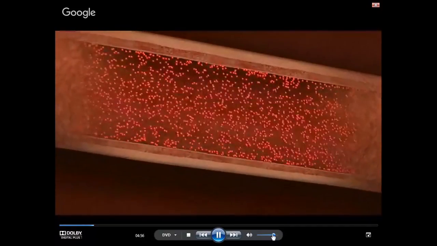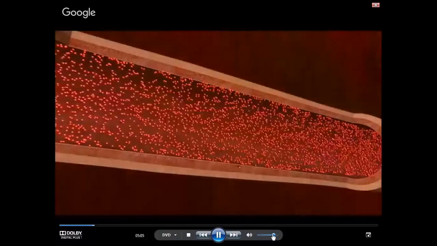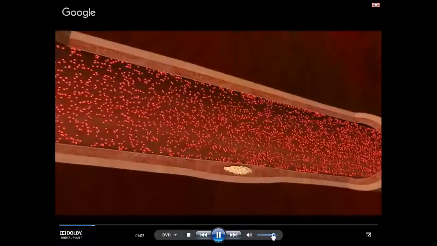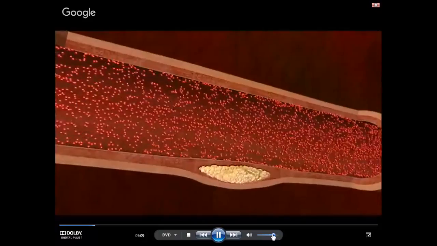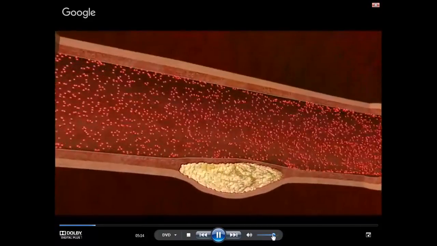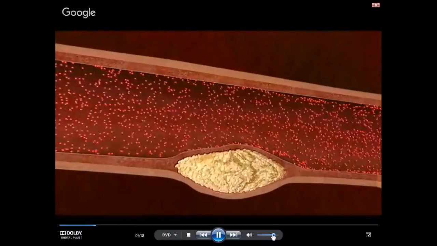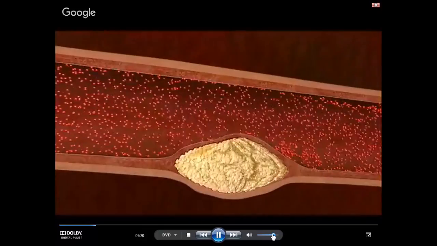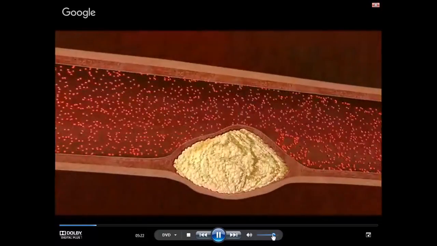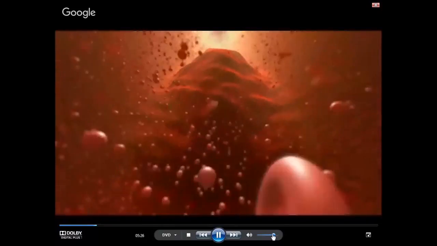In healthy coronary arteries, the blood flows without obstruction. In diseased coronary arteries, a fatty substance called plaque forms in the artery walls, and as the disease advances, may bulge out into the path of the onrushing blood, blocking the oxygen and nutrients the heart desperately needs, and from time to time, causing symptoms like chest pains and shortness of breath.